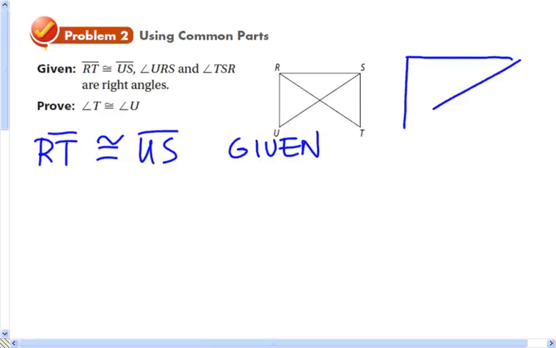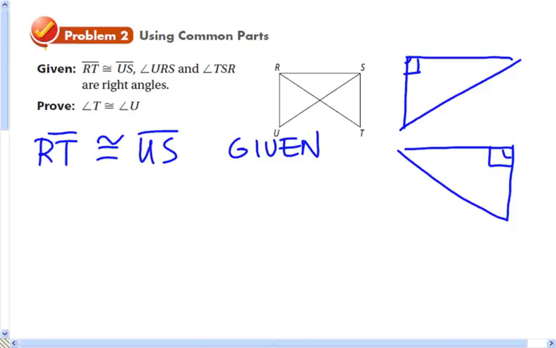Actually, let's analyze this quickly to see what we have going on here. We have a couple right triangles that look like this when we separate them out. And so we see that these two angles are congruent, the two right angles, since all right angles are congruent.